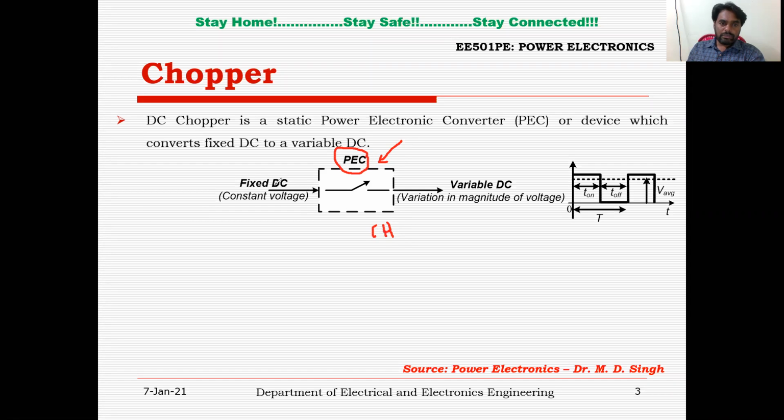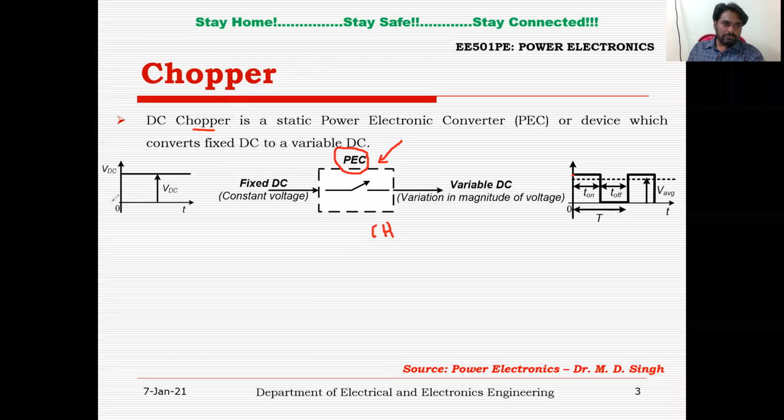The input to this chopper is a fixed DC, and the output we will get is a variable DC, right? So the chopper means it is chopping the input voltage. That means it is cutting the input voltage into small pieces. So now we can see this kind of output voltage across the load for a given input voltage.